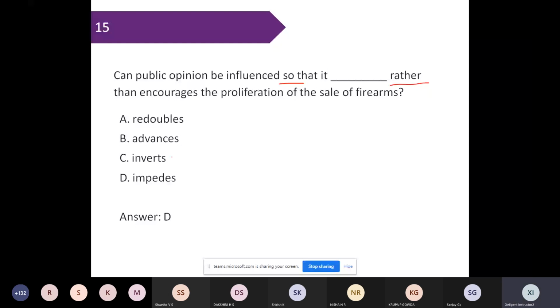Okay, so let's understand the question options one by one. Redoubles is a positive word, so you can eliminate that. Advances is again a positive word, so you can eliminate that. Inverts means, for example, there is a graph. The sale is going to the peak because encouraging the proliferation of the sale is going to the peak.